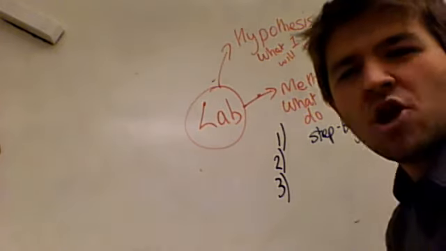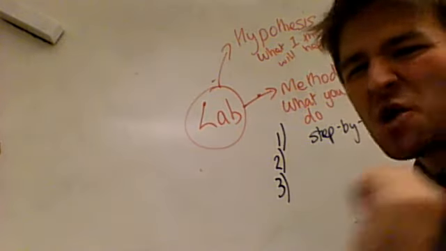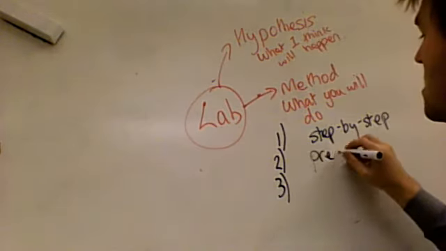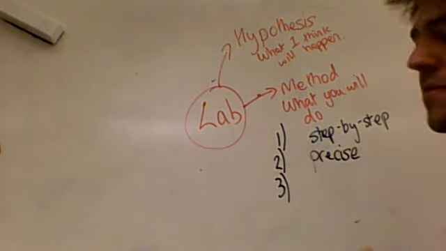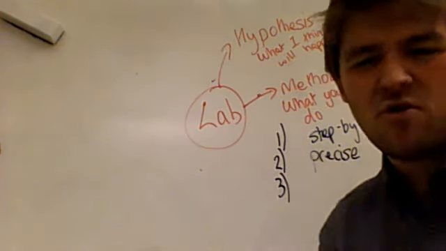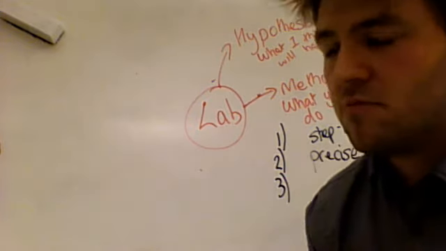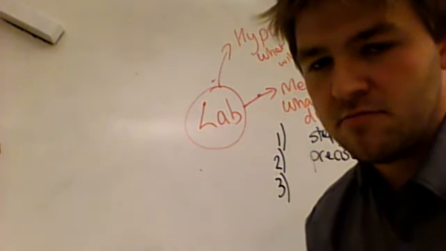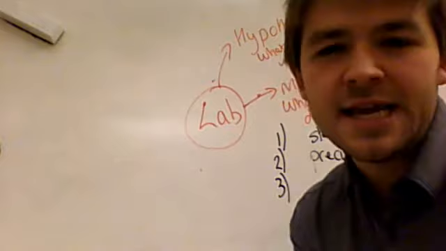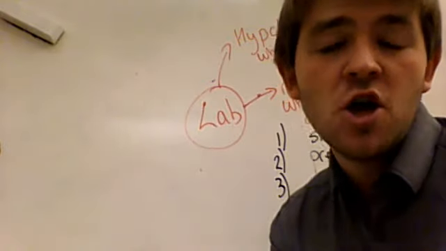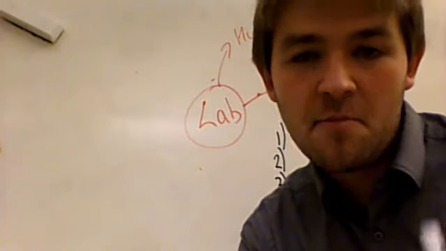And like a recipe, make it precise. Be accurate about what you're trying to say. Don't say, put some water in. Tell me exactly how much water you want to put in. Be precise.